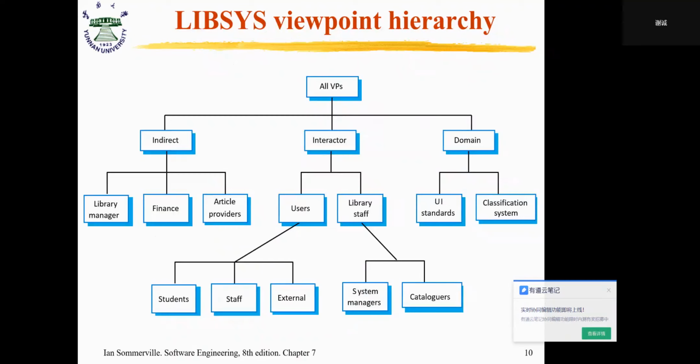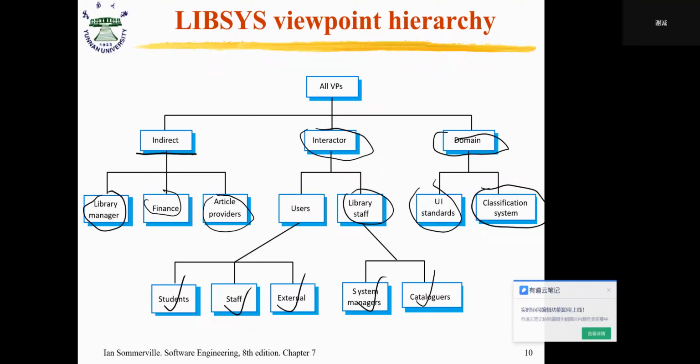This is the library system. You will classify the different aspects. Like the library system, you will get the library manager, finance, article provider, and the interactors, which are you and me: users, students, staff, external people. These are stakeholders, and the library staff, the system manager, the catalogers, and some domain experts like US standards and classification systems.